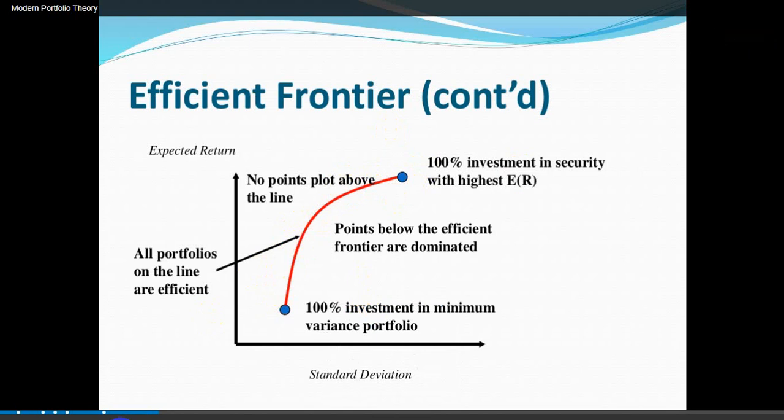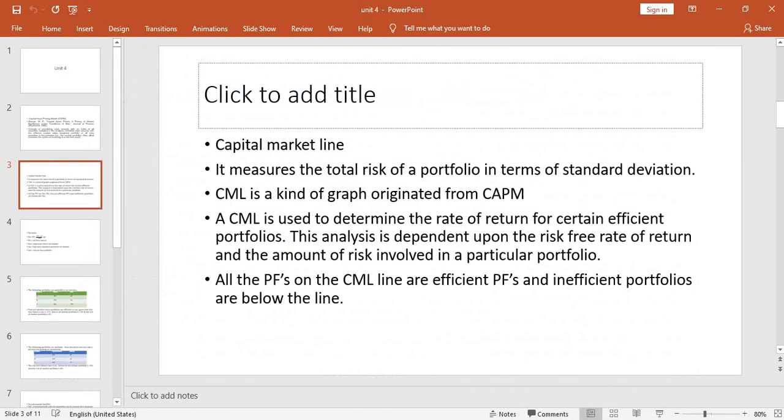Now we are going to do a problem on this CAPM. It is a kind of graph originated from CAPM. A CML is used to determine the rate of return for certain efficient portfolios. These analyses depend upon the risk-free rate of return and the amount of risk involved in a particular portfolio.